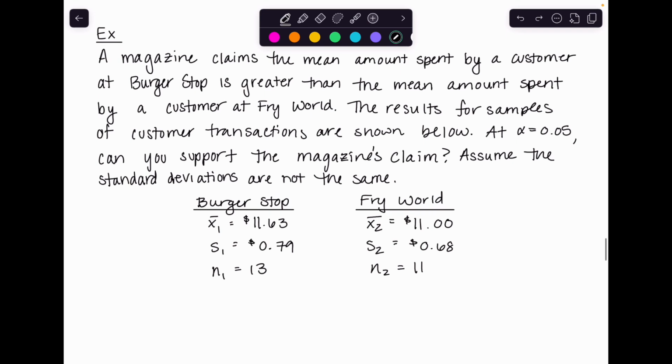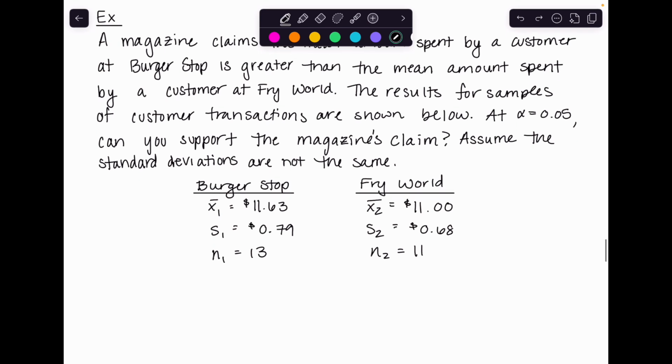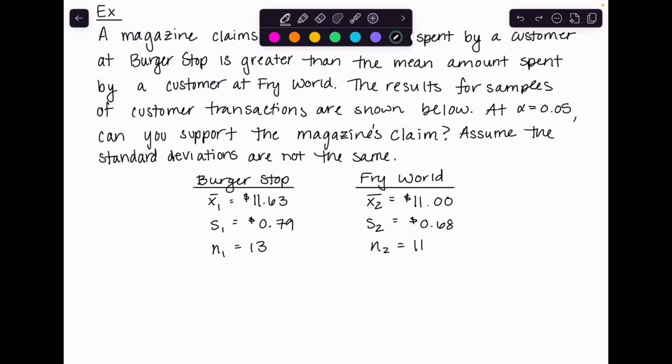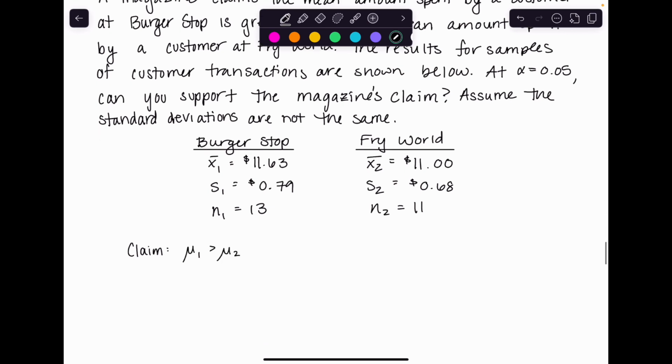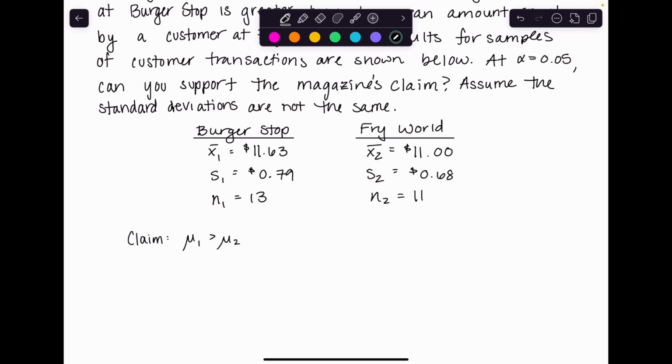So our claim is the mean amount at Burger Stop is more than that at Fry World. So our claim, population 1 is Burger Stop. We're claiming that is bigger than Fry World. Because it does not have inequalities, that means this is the alternate hypothesis.